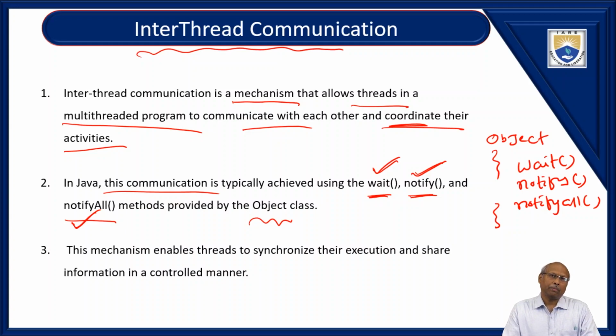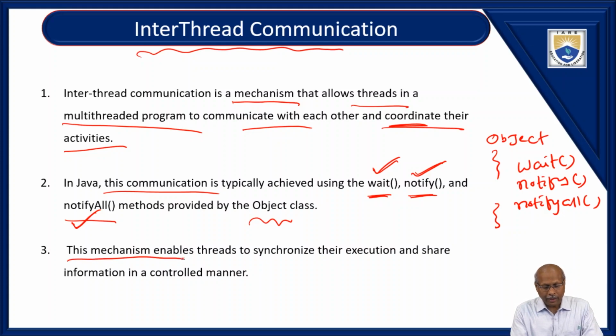So if somebody is using the resource, the other has to wait. Once somebody's work is over, he has to notify. So there will be an agreement between the two threads. One will execute wait, another will execute notify. Whoever is going into the waiting state will keep on waiting for the notification signal. Once the signal comes, he will activate and do the task.